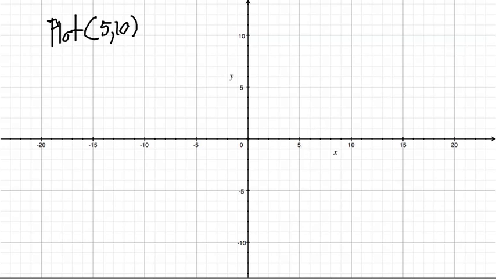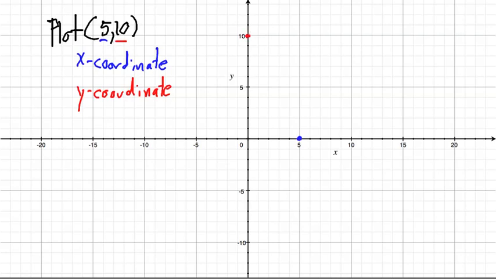That means that the first value here, 5, is our x-coordinate, and it tells us where along the x-axis we are. So we go out to 5 along the x-axis. The second value, 10, is our y-coordinate. So it's always x and then y. And it is 10, so we go up to 10 on the y-axis.